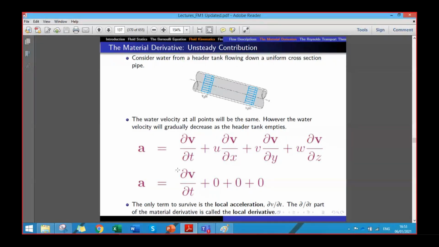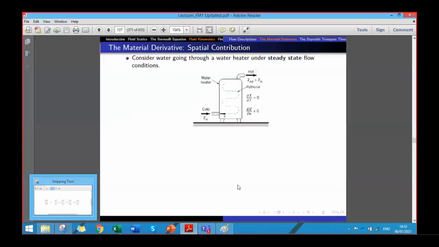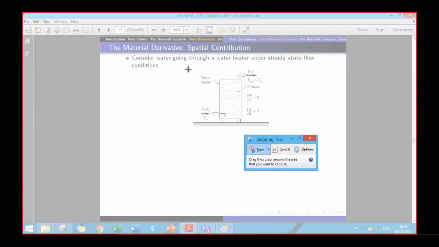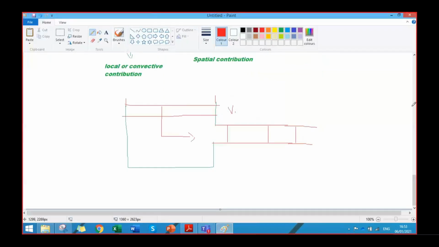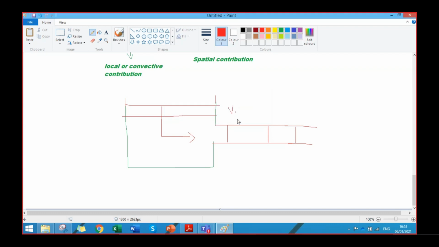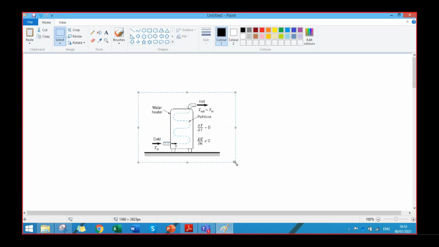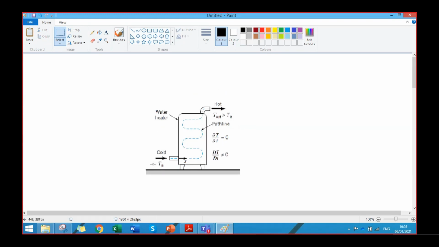Then we consider another example. This is a common example. Let's say you have a water geyser. Let me discuss the convective and the spatial. In this water geyser, there is a cold inlet, and then there is a heating coil, and then there is a hot outlet.